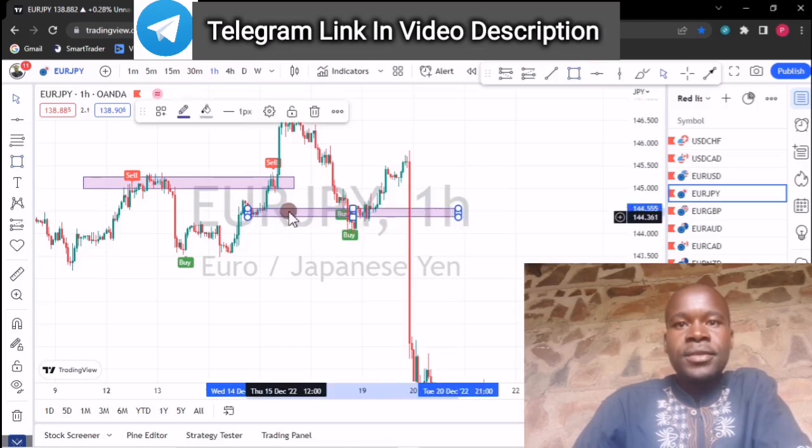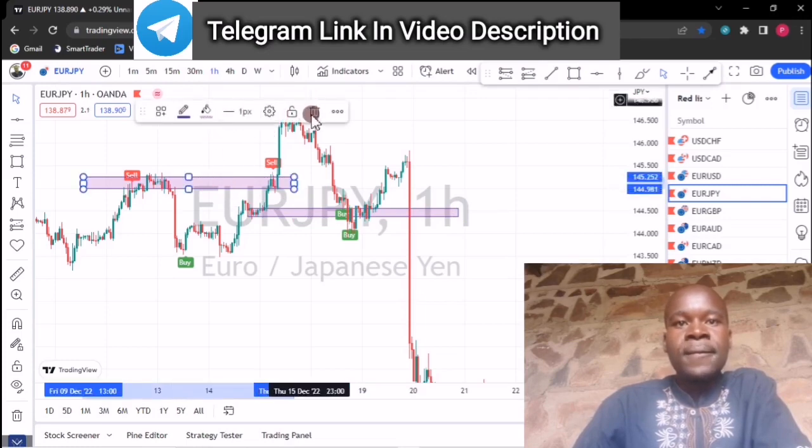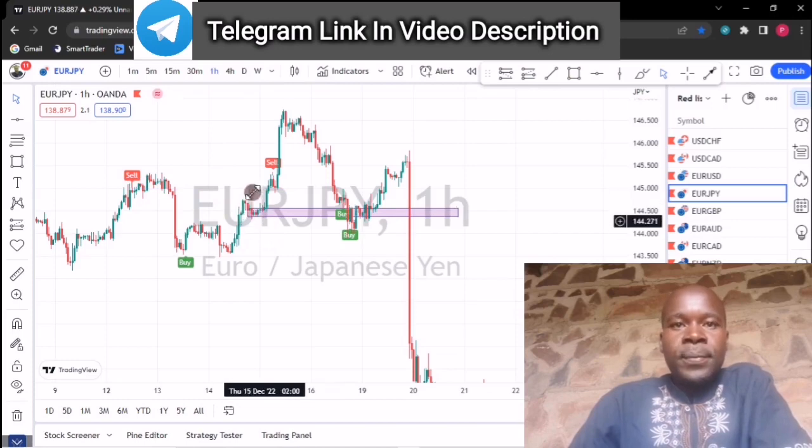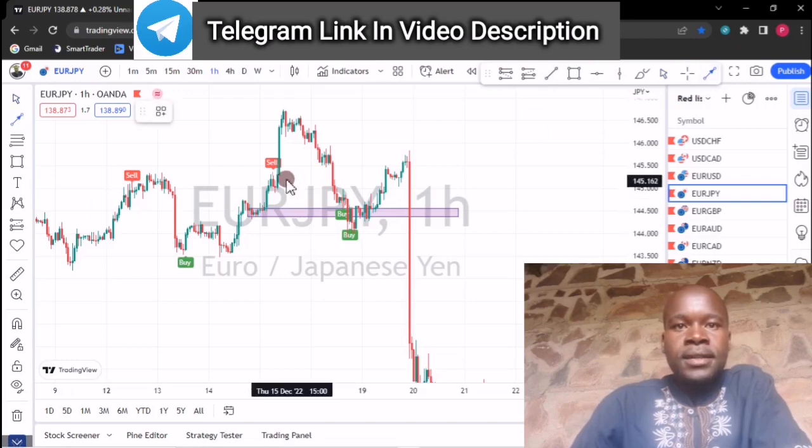The next thing that you need to do is wait for price to come and cross this key level so that we flow together. You wait for price. Let's say price is at this point. What you need to do, wait for price to cross this key level, and when it crosses, it is a valid sell signal. You take your sell.